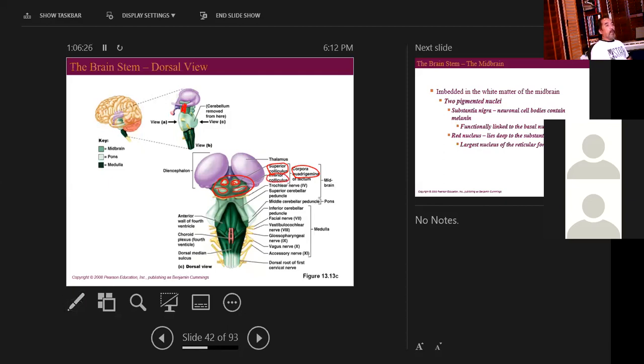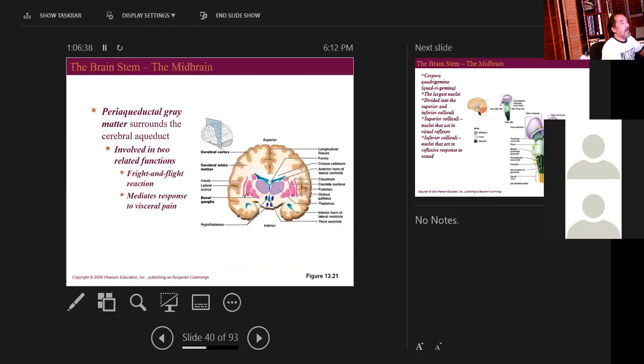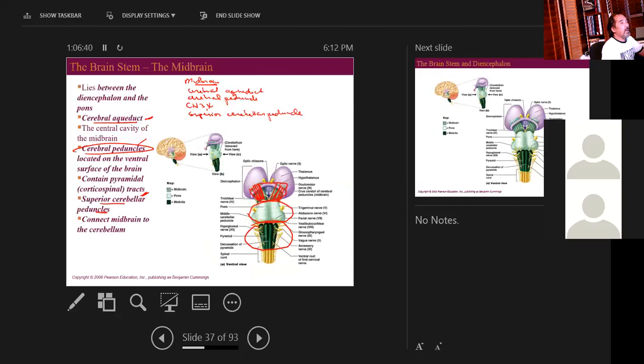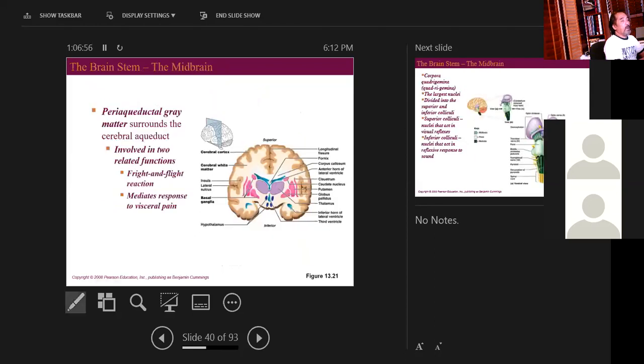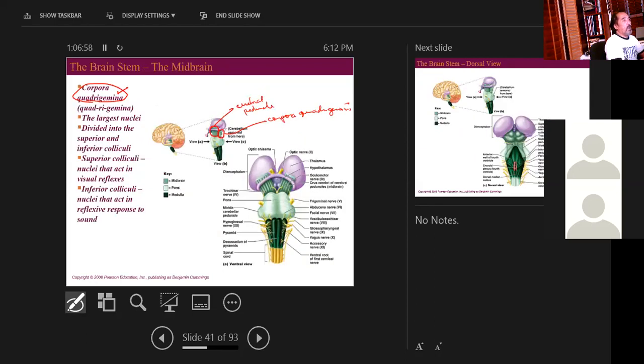Remember that is part of the midbrain. Okay, that's going to be a part of the midbrain. Right. So again, let's go back to that. You should be able to identify this on the midbrain: the cerebral aqueduct, the cerebral peduncle, then we have the superior cerebellar peduncle, then we have the corpora quadrigemini.